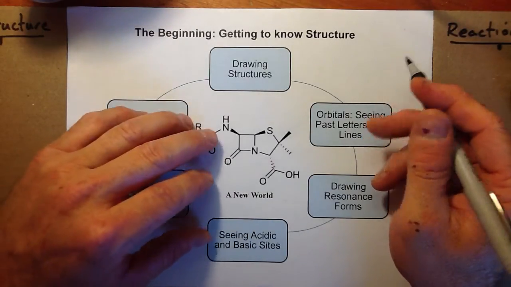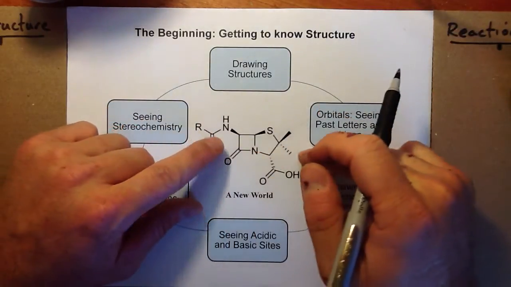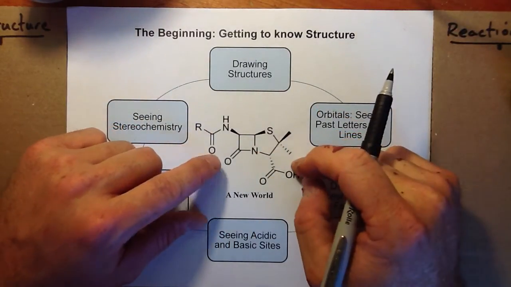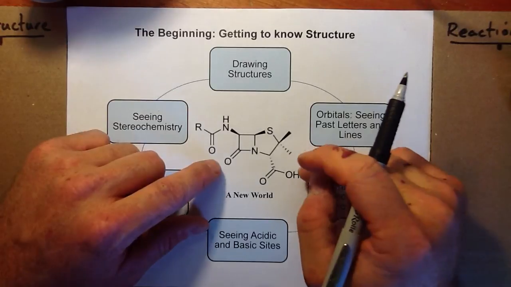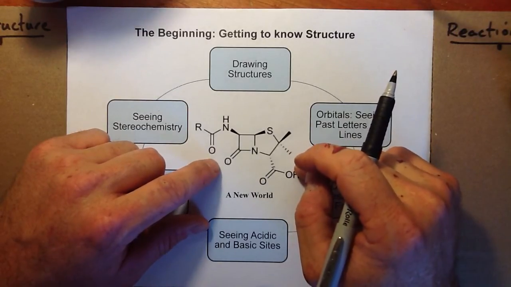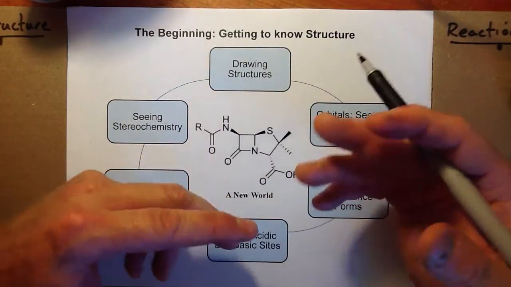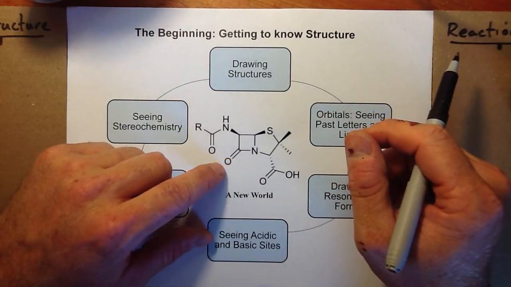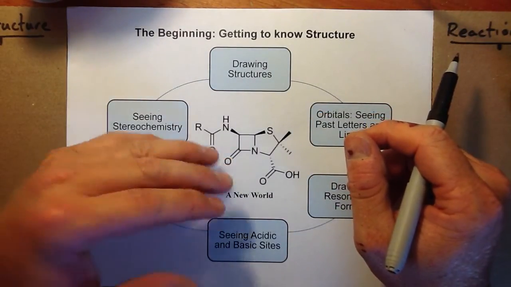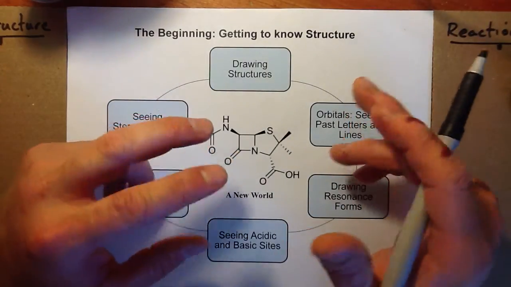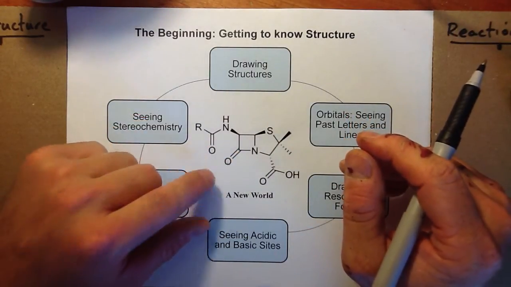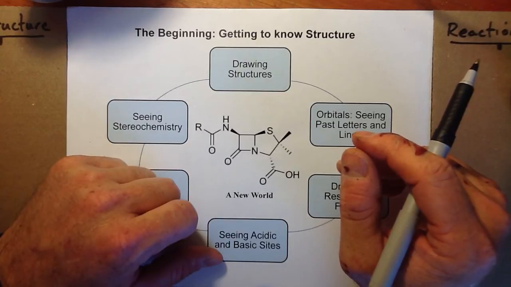We want them to be able to speak the language that's centered around these drawings. This is the language that organic chemists use to talk to each other about the molecular world and how it's changing or how they make it change. They draw molecules. They draw atoms bonded in such a way as represented in this drawing here.